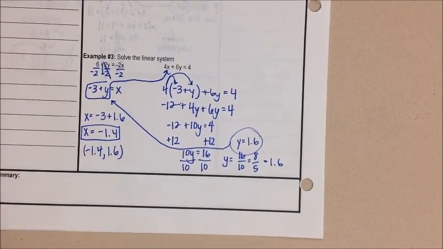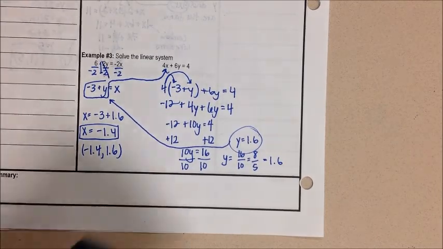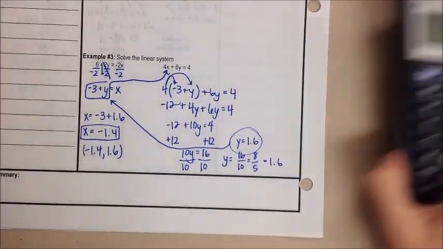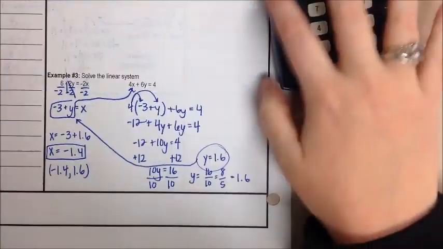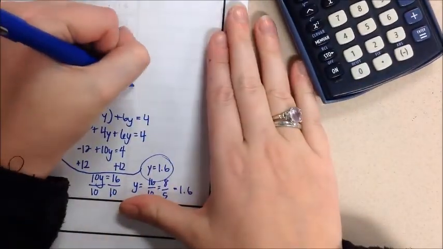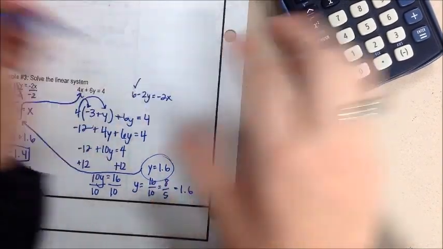Okay, now let me get a calculator so we can check this much easier. Okay, I can show you a method that you can use to check it easier, okay? So I have 6 minus 2y equals negative 2x. So check 6 minus 2y should equal negative 2x, okay?